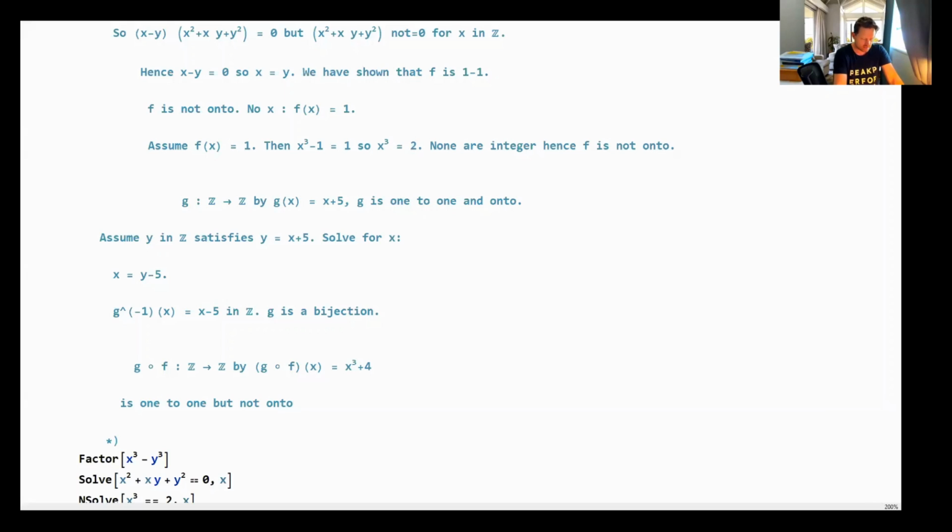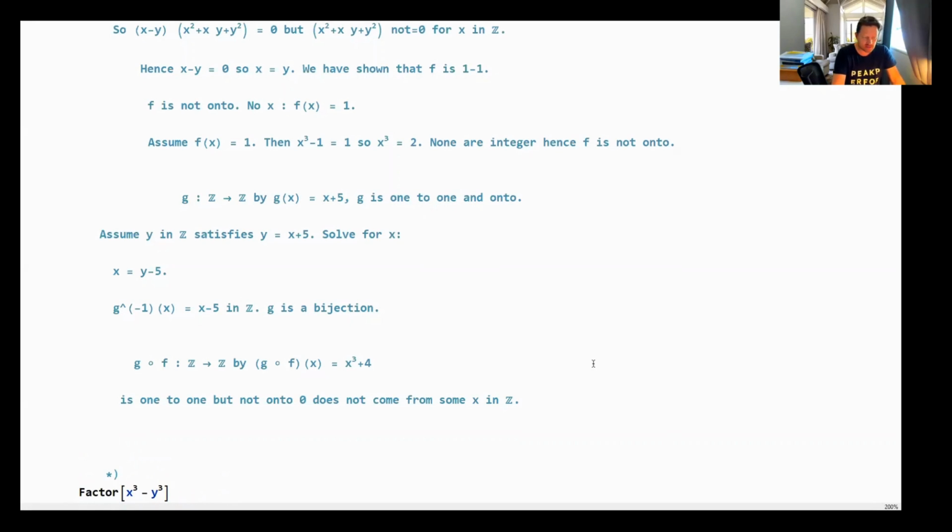So basically, 0 does not come from some x in the set of integers. So this one on the left here. All right, and let's just look at that claim in more detail.